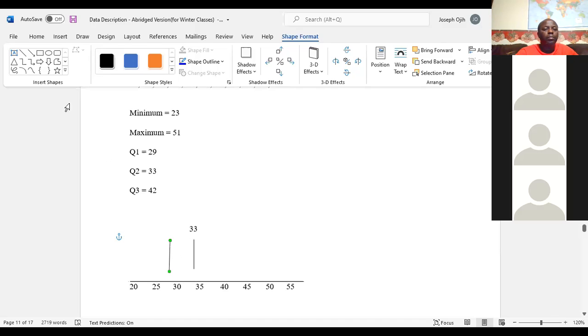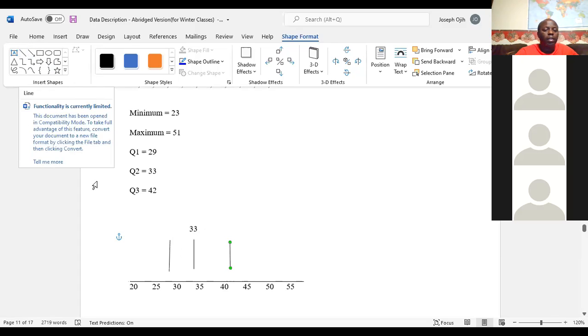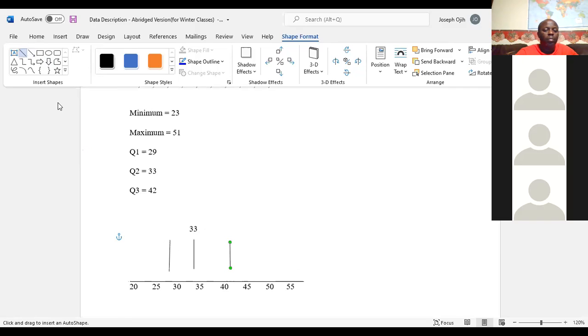Okay. The next one is 42. Between 40 and 45, 42 should be in this neighborhood here. I think the best thing for me is to use the pause and stop where I'm supposed to.